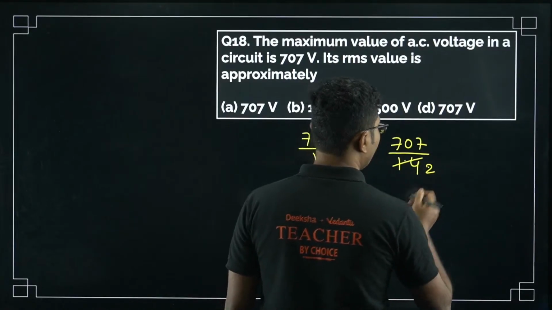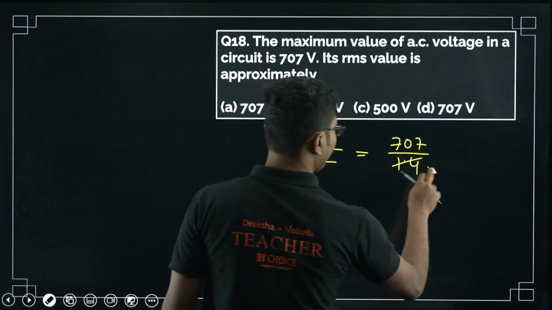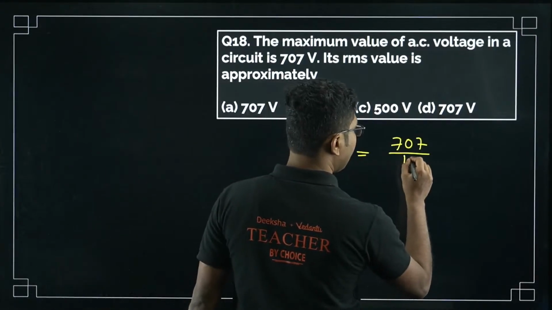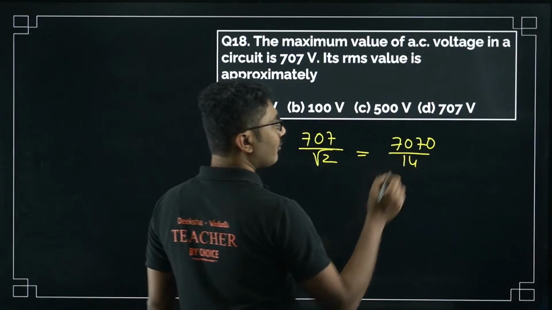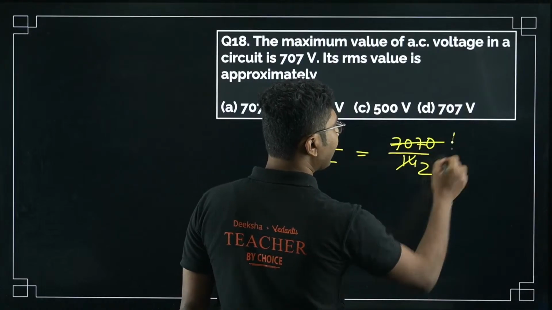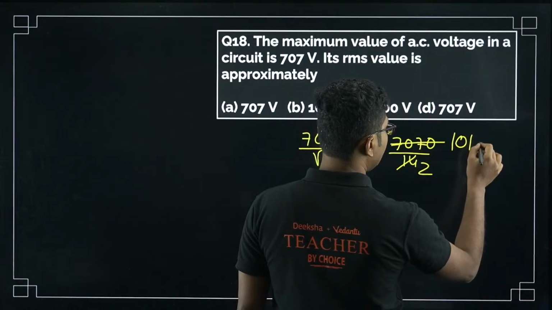Let me write 14 and 0 here. That will be easier. I have removed the decimals from the denominator and put a 0 here. 7 2s are 14, 7 1s are 7, 0, 7 1s are 7, 0.